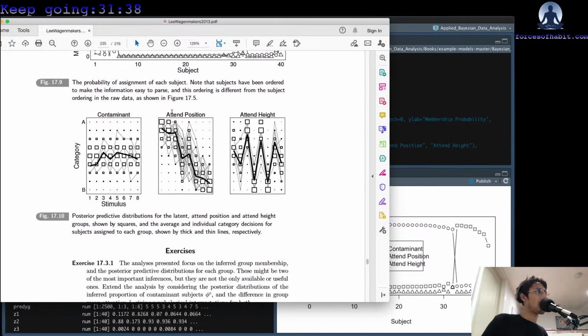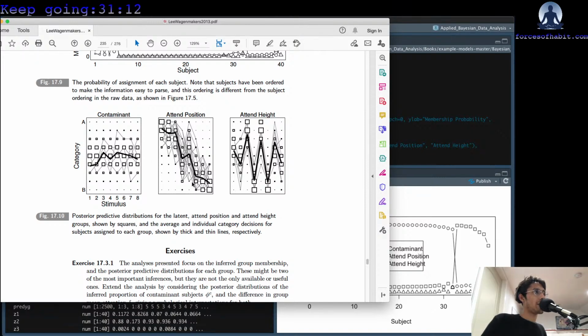So let's take a look. Across each of the 8 stimuli, we see this average sort of in-between categorization of each of the stimuli. So most of the weighting in terms of the posterior distributions for counts of being classified as A are in the middle.